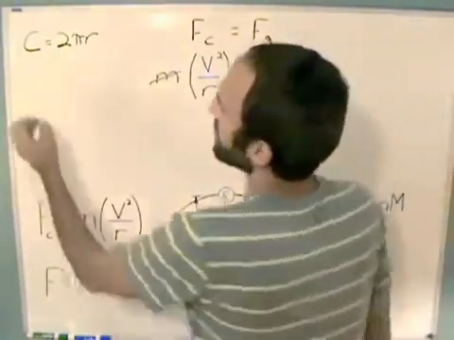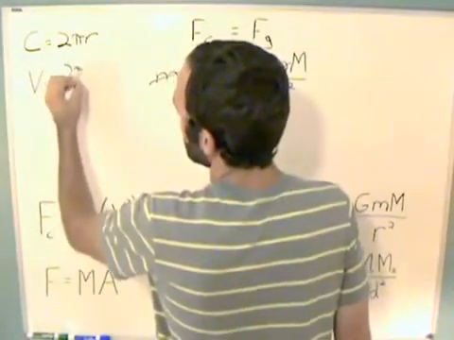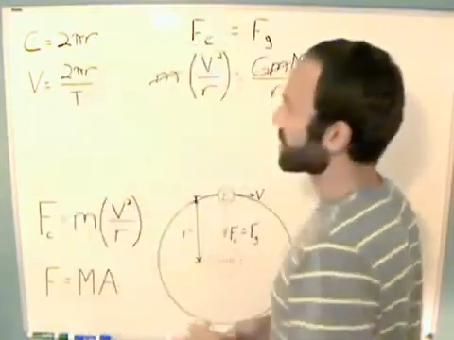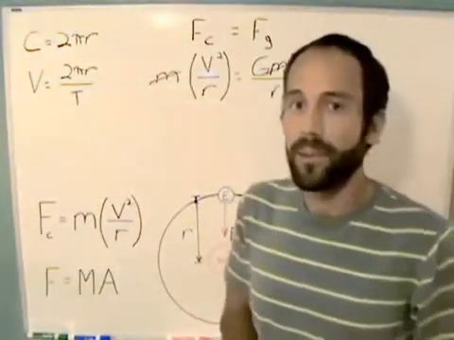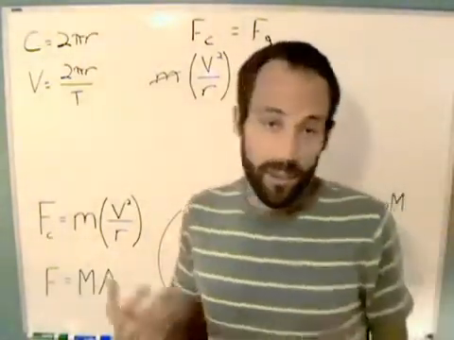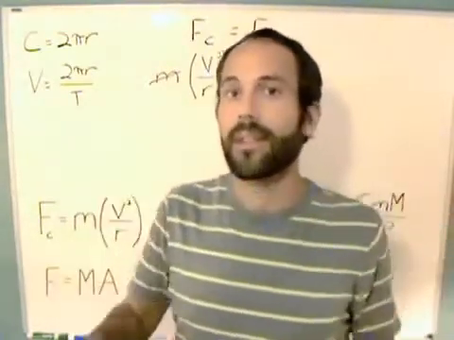So velocity is equal to 2 pi r over big T. In physics, big T is usually considered a period, or the time it takes to make one revolution, which in this case they thought was 1 year.